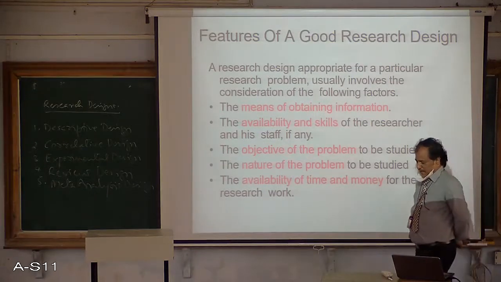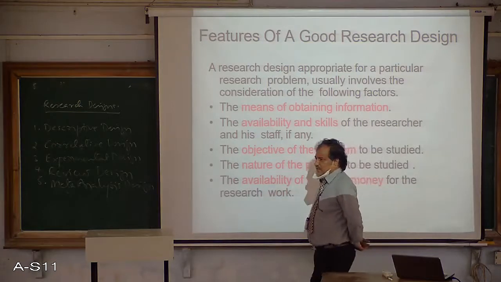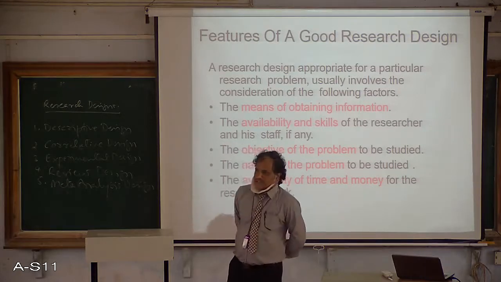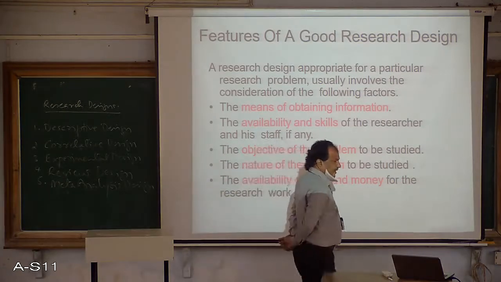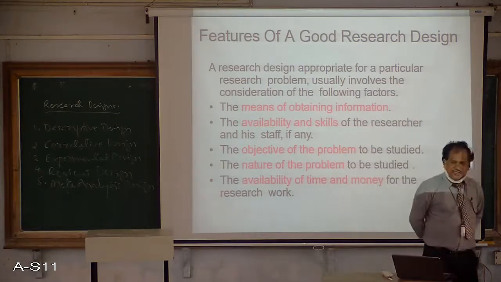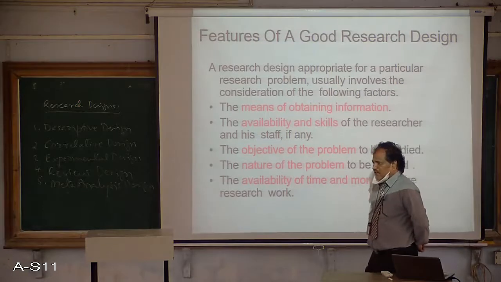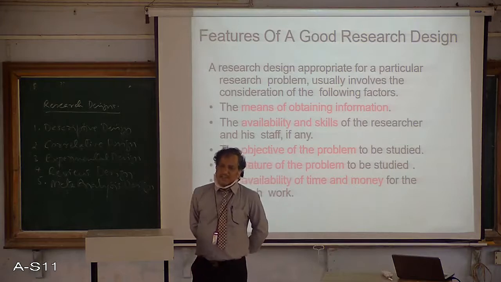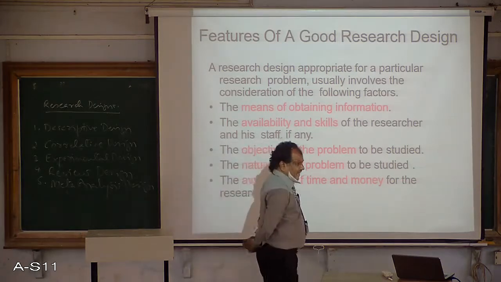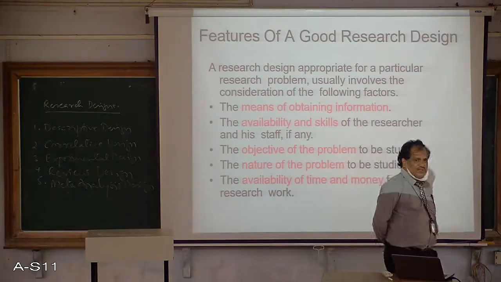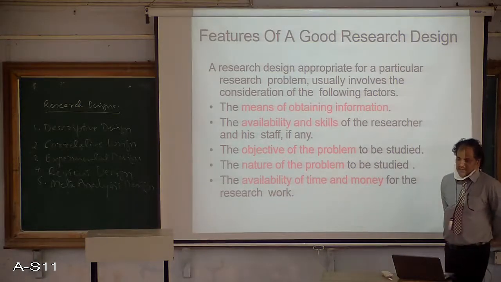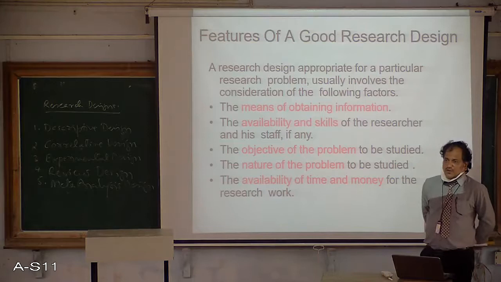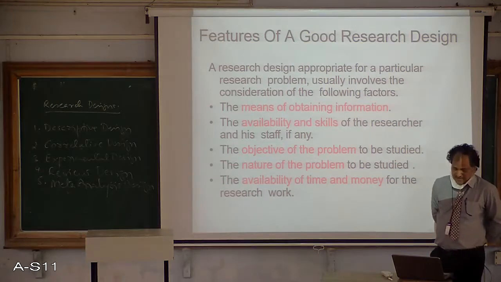As I have already mentioned, whether you are going to take online data in the form of Excel sheets or CSV files, which you download and train your system for prediction, classification, etc., or you are going to collect that information on a real-time basis. Where you do a field study, there you fix up the setup, and on a day-to-day basis you collect real-time data. What is the means of obtaining the information, how you actually obtain the information, is going to matter a lot. So that becomes the first factor.